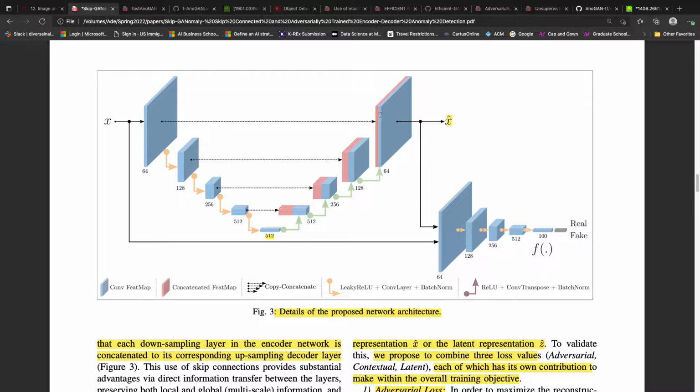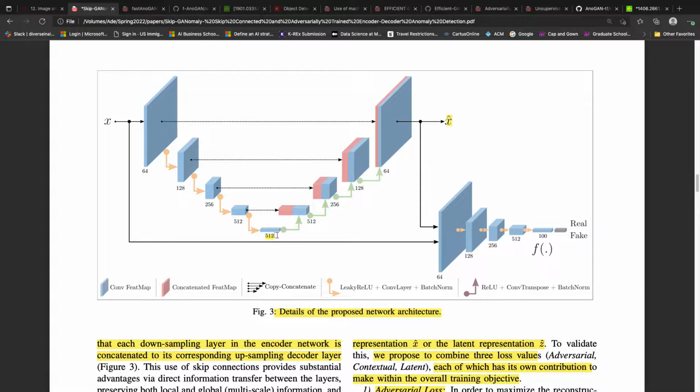They borrowed an idea from a previous paper by using what we refer to as a skip connection, so that every level of this U-shaped decoder architecture, they concatenated the features into the upsample part of it, which is the decoder part of it.